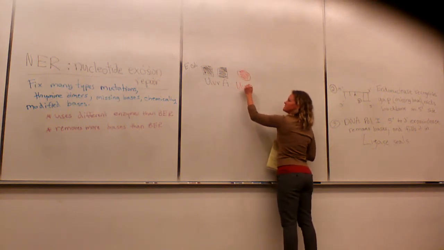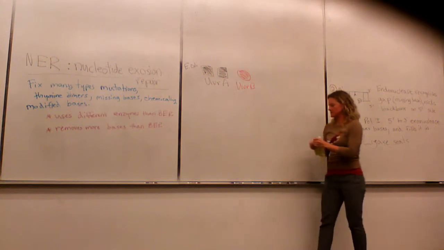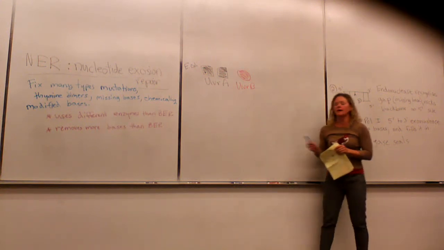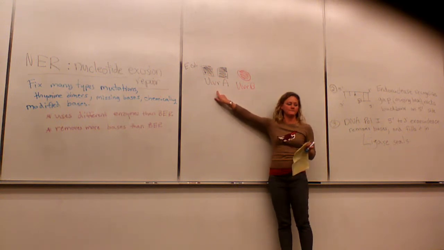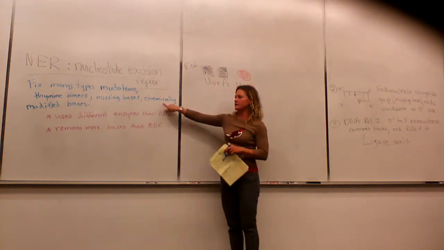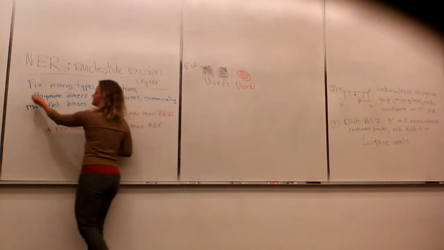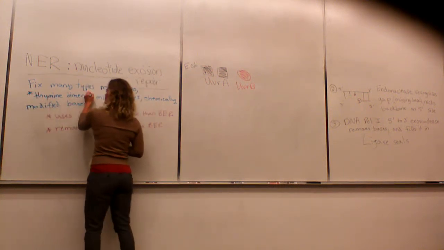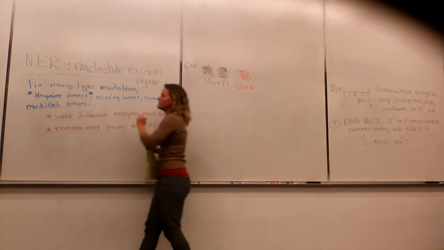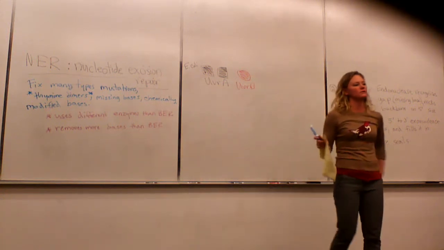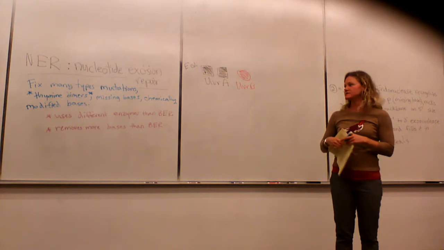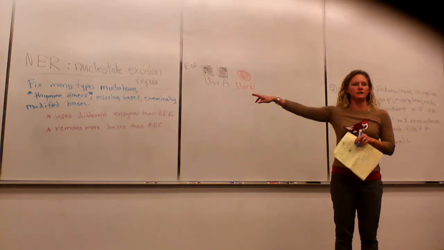And the reason that the proteins involved in this repair pathway are named this is that UVR stands for ultraviolet repair. Okay. So when I wrote over here thymine dimers, originally when this mechanism was discovered and characterized, it was discovered repairing photoproduct damage, so UV damage, like thymine dimers.